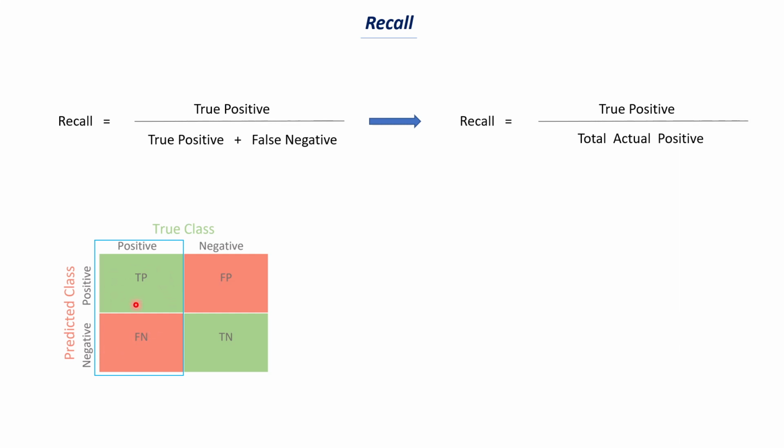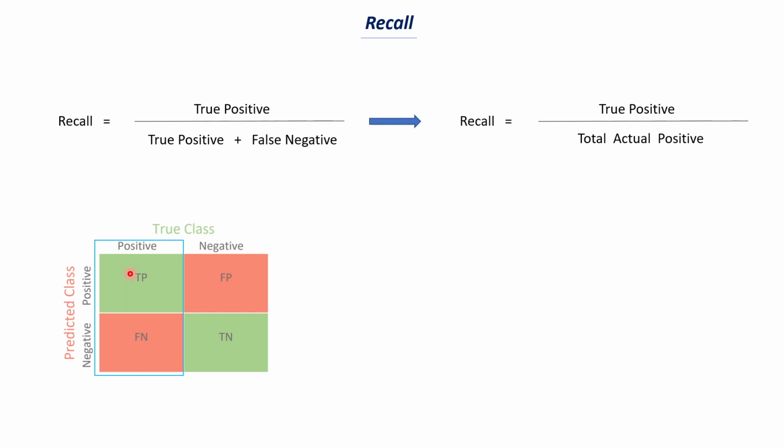I'll just repeat this once again. Out of 500 people, in real life, 250 people have COVID-19 infection positive. But our model is saying that only 200 people have COVID-19 infection positive and the remaining 300 people don't have COVID infection.